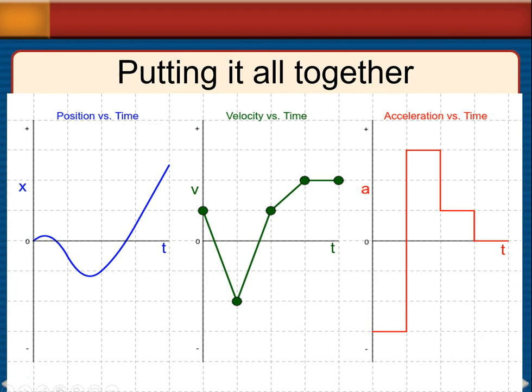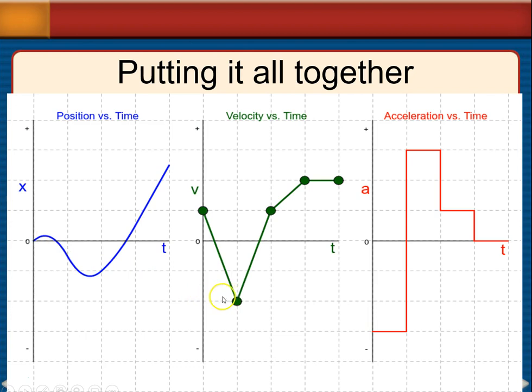Now a kind of more complex problem. We have a position versus time graph. If you can imagine what's going on here, the object starts at the origin, goes up, comes back down to the origin, goes backwards, comes back towards the origin, and keeps going. So it starts at a certain speed. Then it slows down. Notice v is 0 at the top of that.